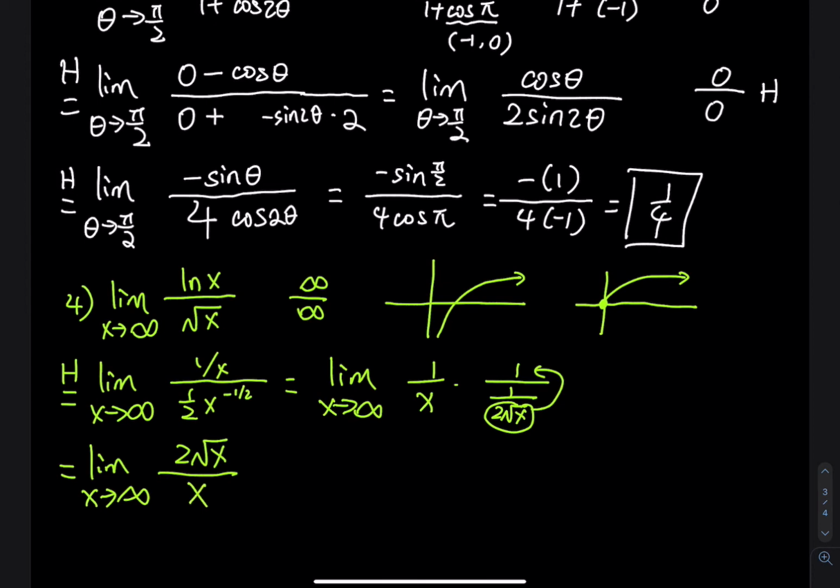The top is 1/2, the bottom is 1. So we take 1/2 minus 1, so we have x to the negative 1/2. So this function is limit as x approaches infinity, 2 divided by the square root of x.